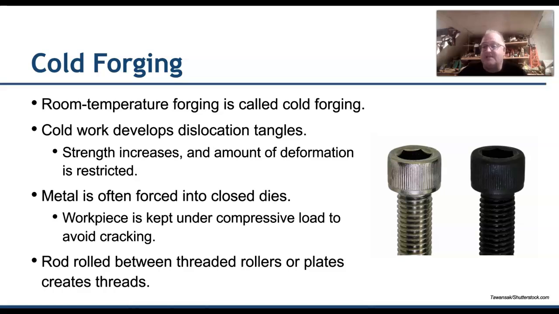Again, as we think about the microstructure of the metal, as we forge this cold, it's breaking those microstructures. Oftentimes they're getting jumbled up. It's what they call a dislocation tangle. I think in the textbook there's a pretty nice picture that gives you a better idea of how the microstructure of these materials would look when they're cold forged.